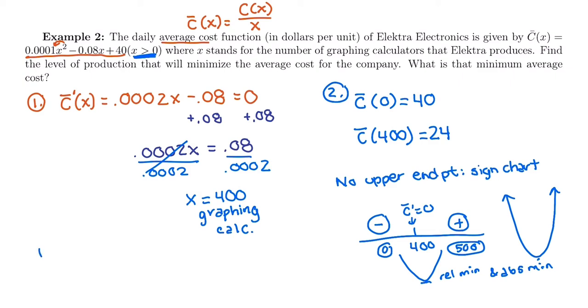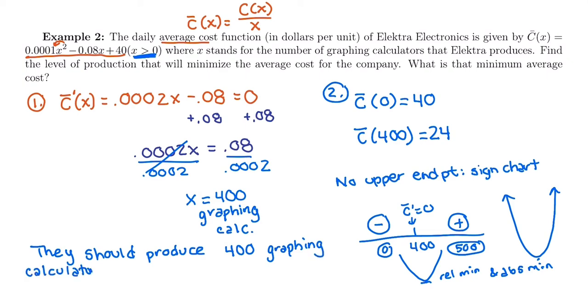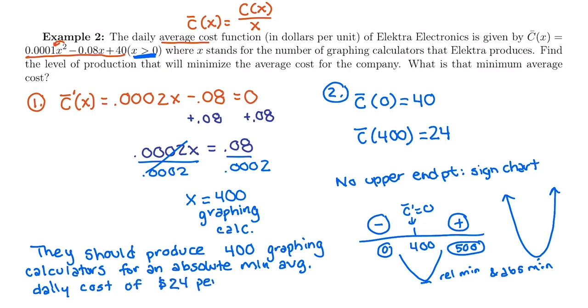So we would say they should produce 400 graphing calculators for an absolute min average daily cost of $24 per calculator.